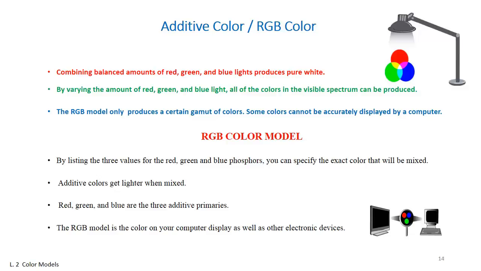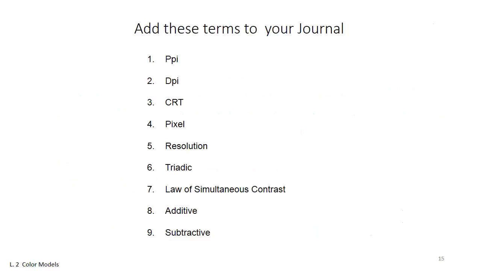In contrast, SVGA systems display 800 by 600 for 480,000 pixels. True color systems use 24 bits per pixel, allowing them to display more than 16 million different colors.